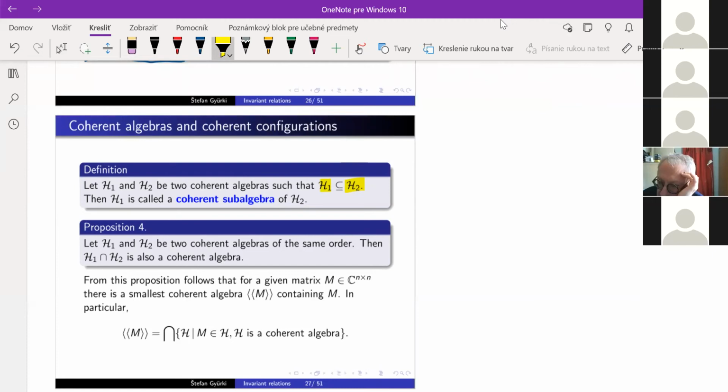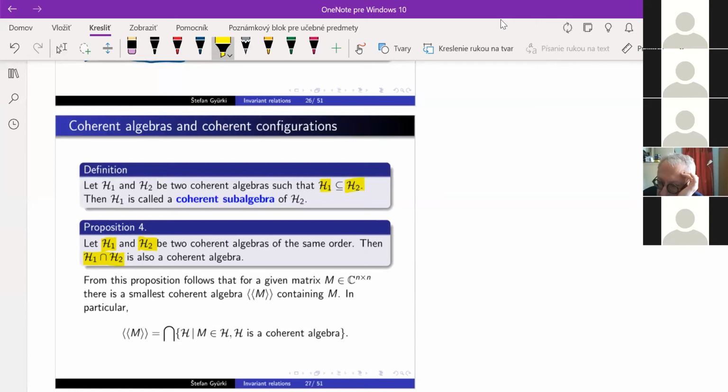So this is a coherent subalgebra, and it will be important for the next lecture that if we have two coherent algebras of the same order, then their intersection is also a coherent algebra.